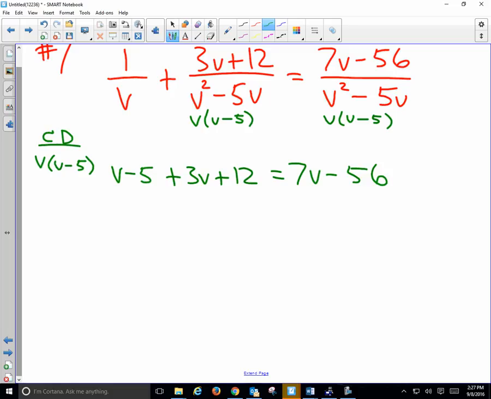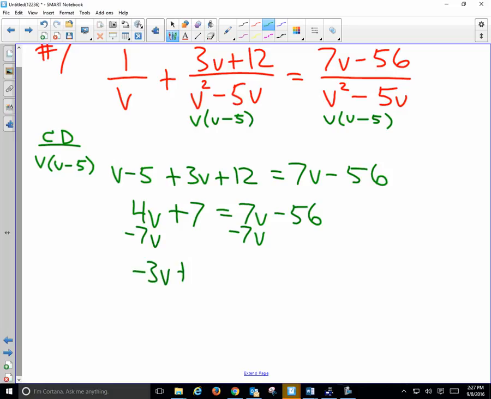Combine our v's, we have 4v plus 7 plus 7v minus 56. Subtract my 7v, negative 3v plus 7 is equal to negative 56.